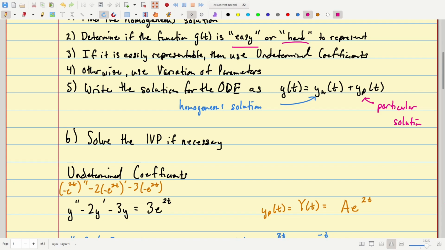If I differentiate a polynomial, I'm eventually going to get to 0. If I differentiate sine and cosine, I'm going to get a pattern of sines and cosines. If I differentiate exponential functions, I just get the exponential function back. So if the derivatives have some kind of distinct cyclical pattern to them, then they are appropriate right-hand sides for us to use the method of undetermined coefficients on.